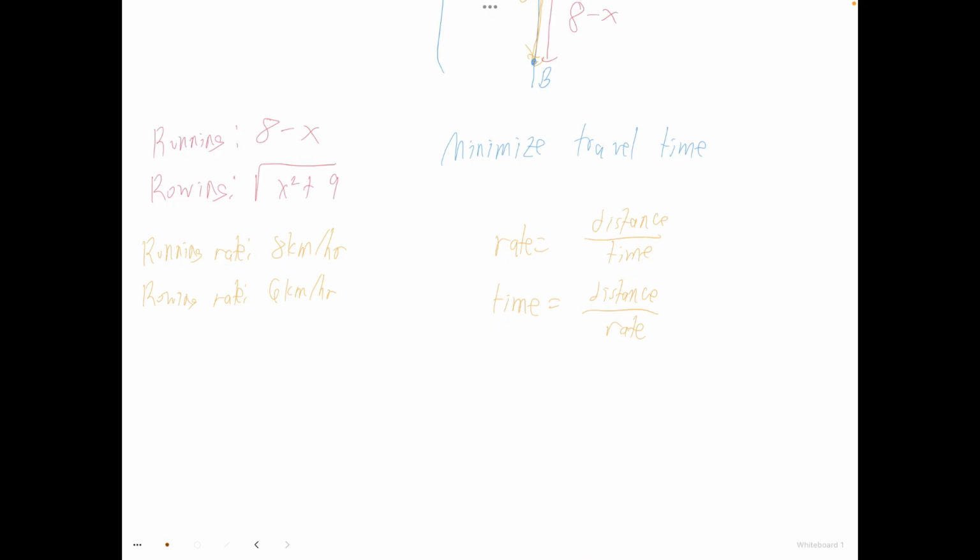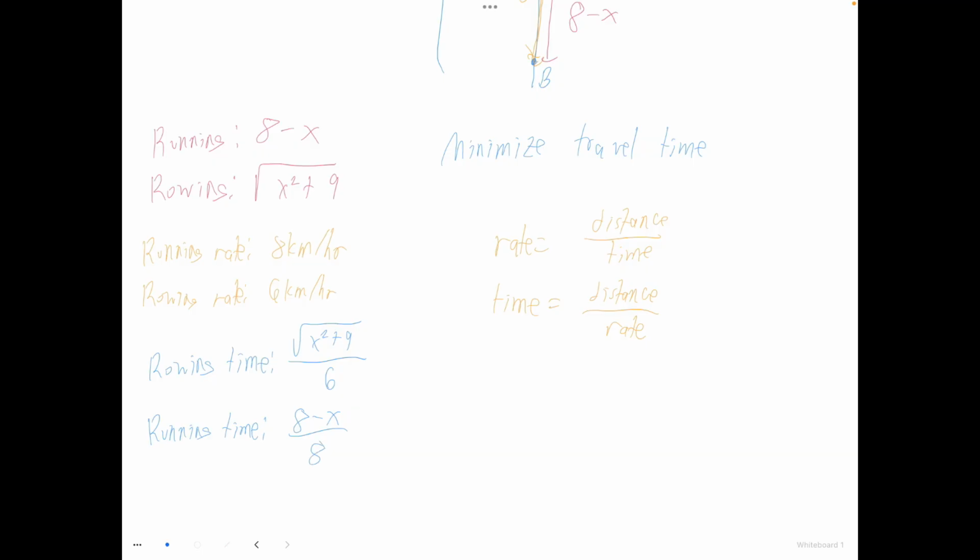And so to figure out the rowing and running time, we have the rowing time is going to be the distance she rows, which is the square root of x squared plus 9, divided by how fast she goes, which is 6. And then the running time is equal to 8 minus x divided by 8.